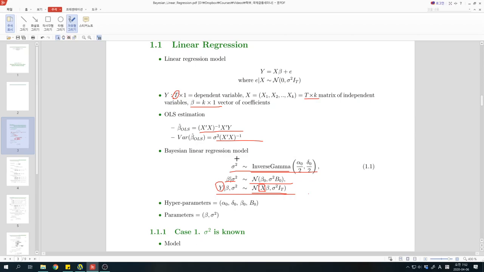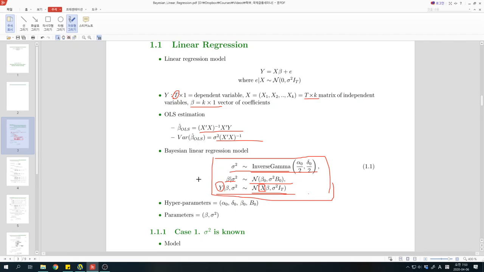The model is given before you observe the data, okay?